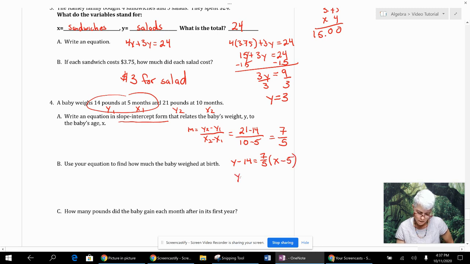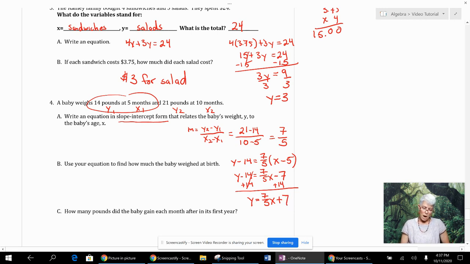So we have y minus 14 equals 7 over 5x, and then 7 over 5 times a negative 5 is negative 7. I'm going to add 14 to both sides. y equals 7 over 5x plus 7.